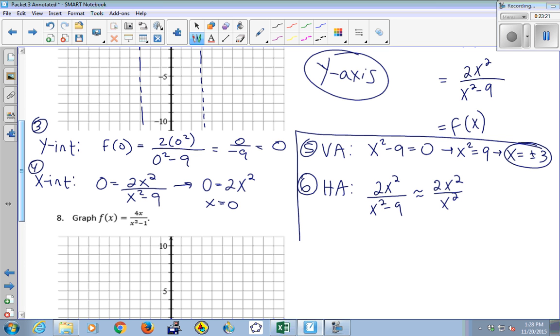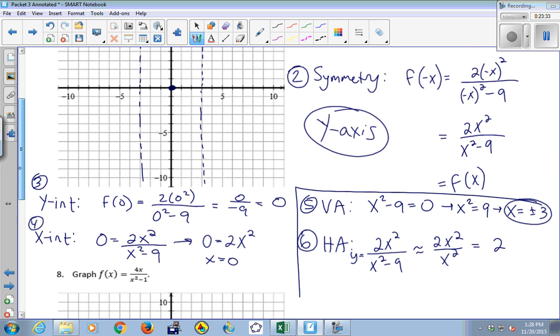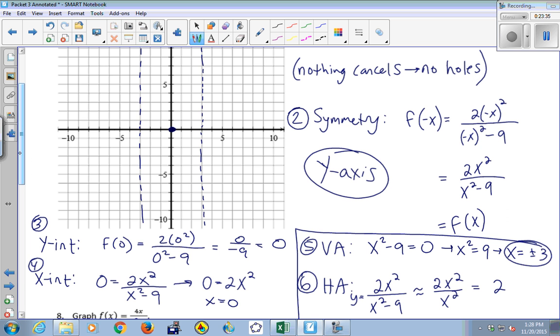And then your x squareds cancel and you get 2. So y equals 2 is my horizontal asymptote. So I go up here and I put in y equals 2. And actually, because it only governs end behavior, I'm not even going to draw it in the middle.